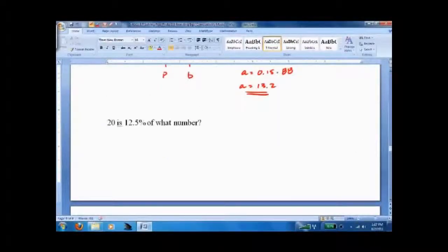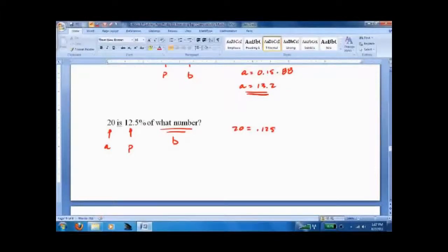20 is 12.5% of what number? So we didn't get that, so that's going to be my B. So this has to be my A because this has to be my P. So 20 equals 0.125, and that's writing it without the percent by dividing by 100.